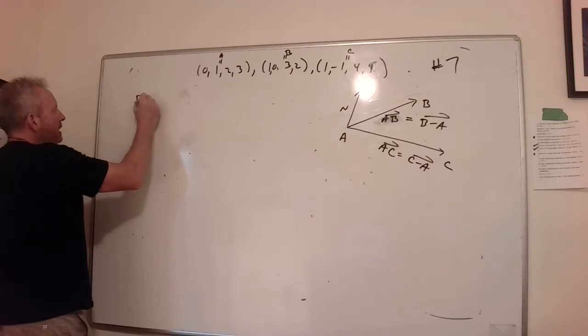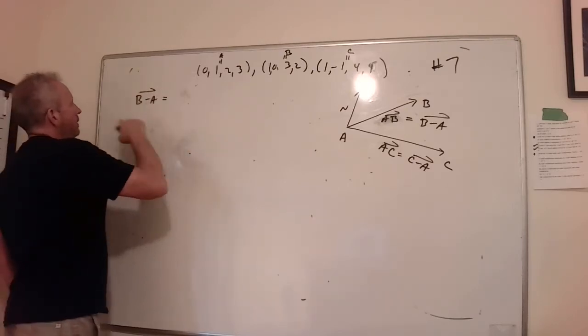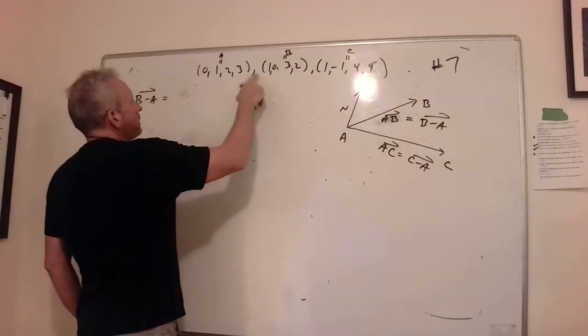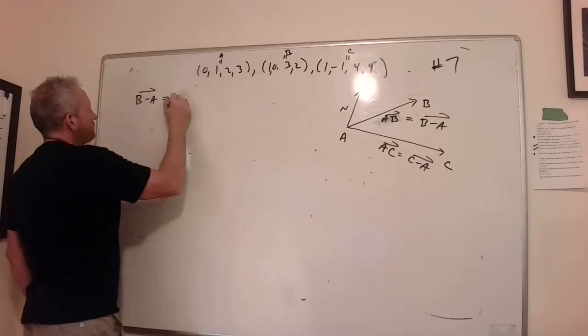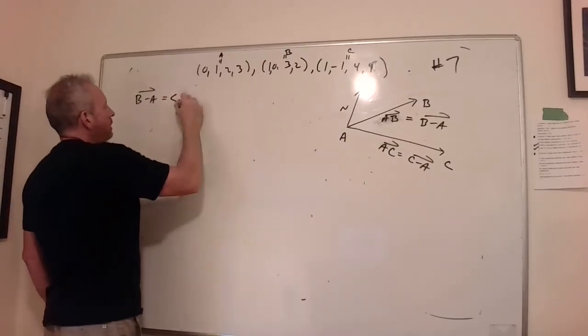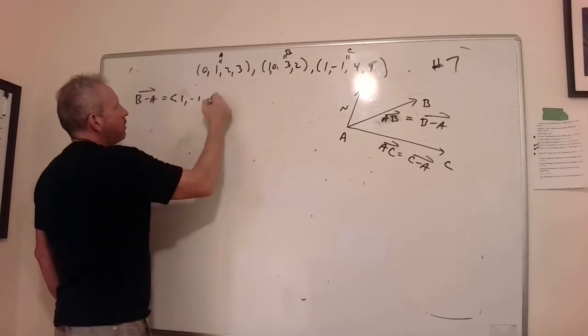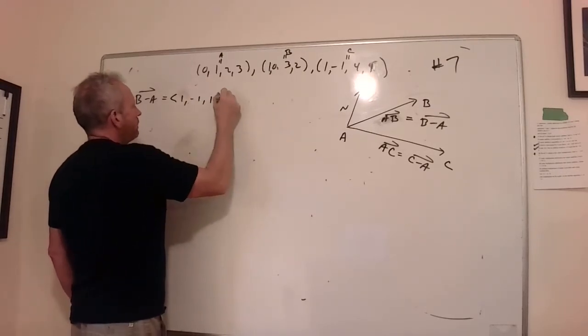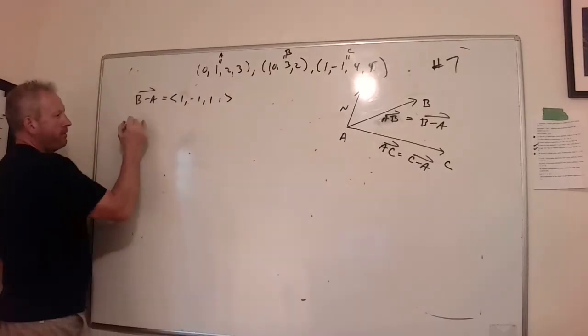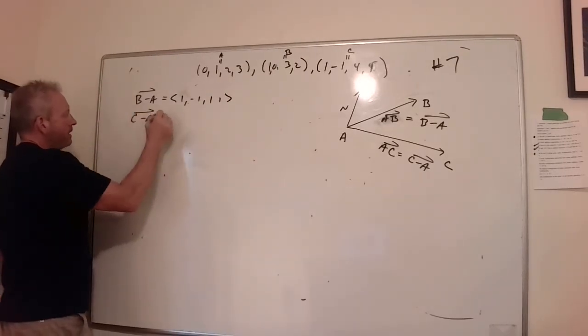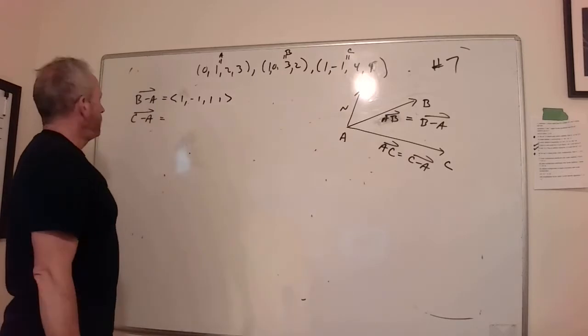So this vector B minus A, where's B? B will subtract this, so we'll get 1 minus 0 is 1, and 0 minus 1 is negative 1, and 3 minus 2 is 1, and 2 minus 3 is 1. So there's that vector, and then we need the vector C minus A, which is, where's C?